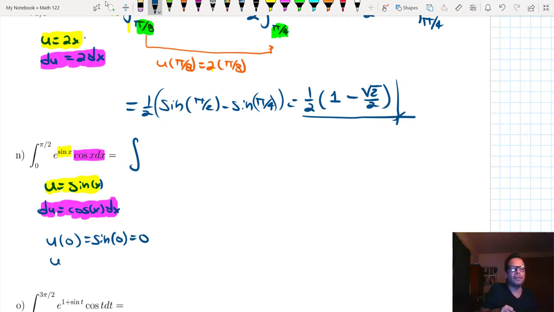And then u evaluated at the upper limit, which is pi over 2, equals sine of pi over 2, and we know that's 1. So the new limits are 0 to 1 instead of 0 to pi over 2. And e to the u du.